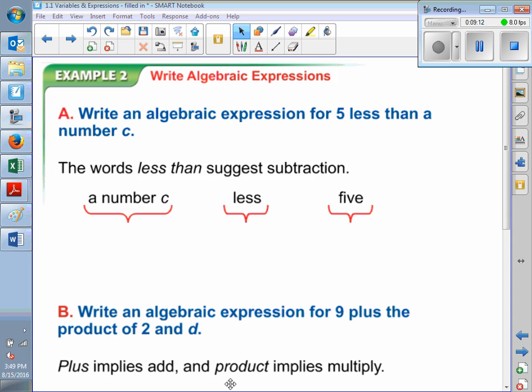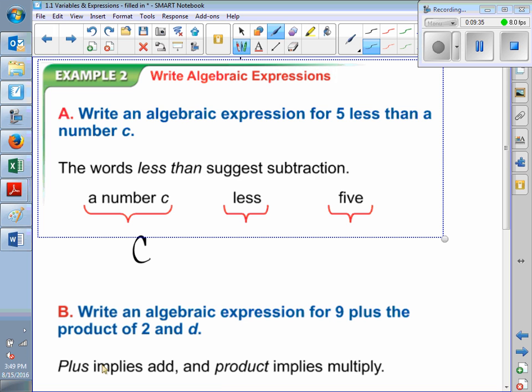You got to be careful though, because sometimes you'll have the words less or less than, okay? In this case, it says 5 less than a number c. So we have our number c, less 5. That means subtract 5.